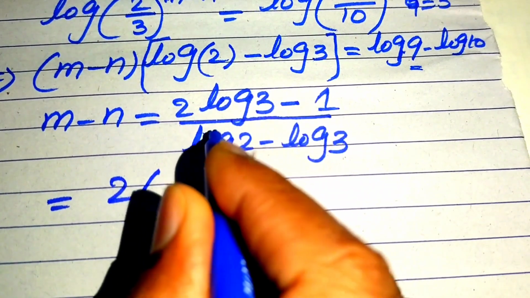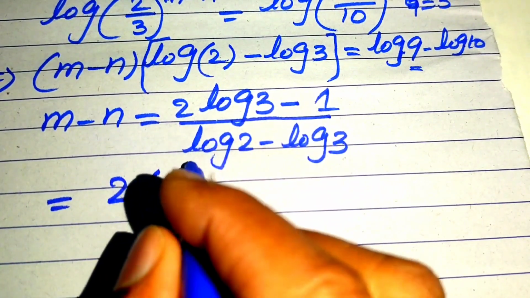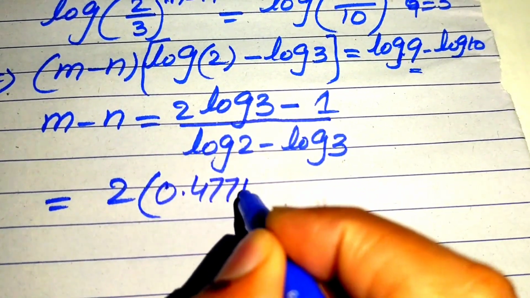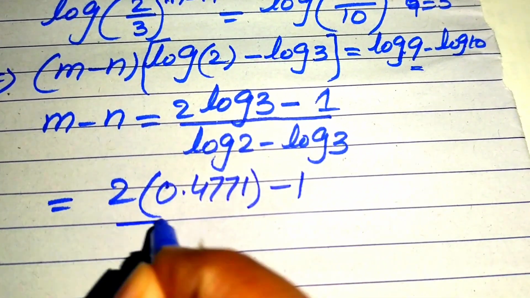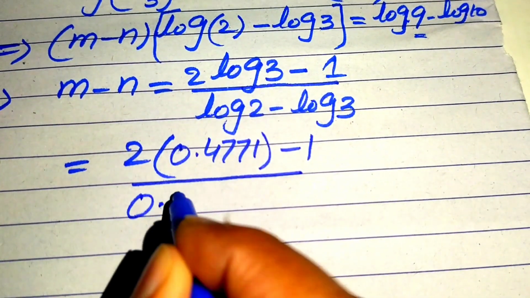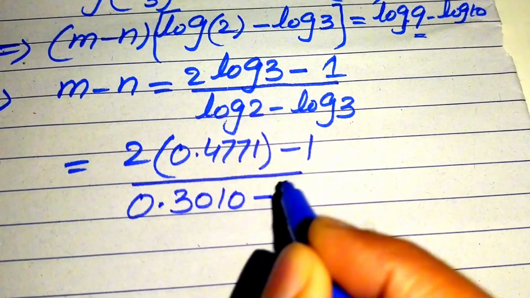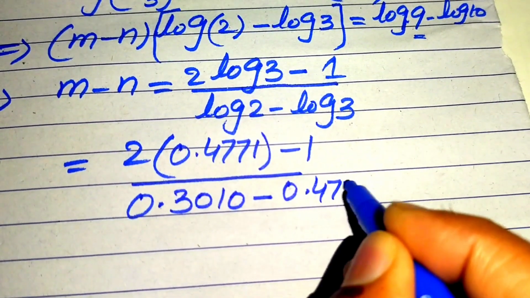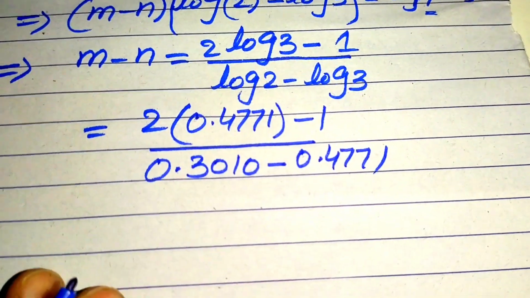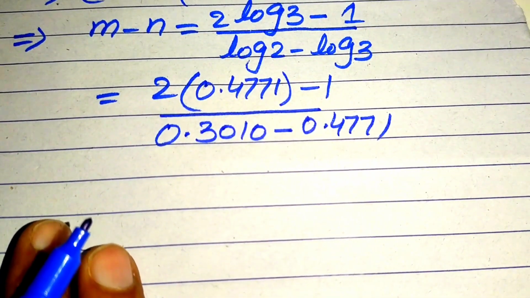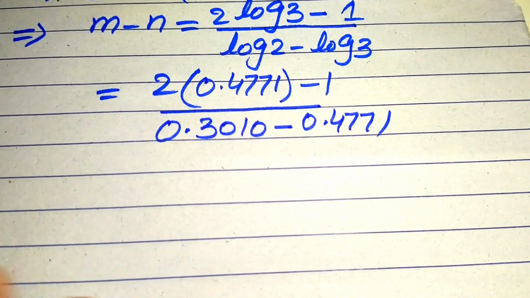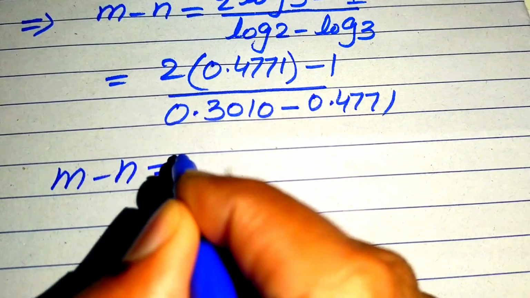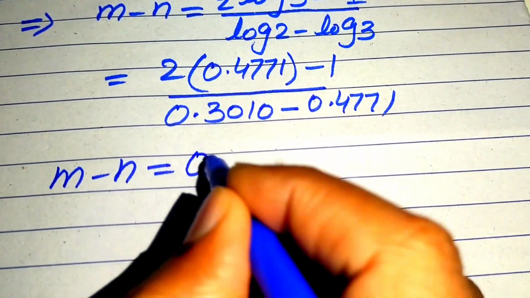You know that the value of log 3 equals 0.4771, log 2 equals 0.3010. So you just simplify all these expressions by using the calculator.